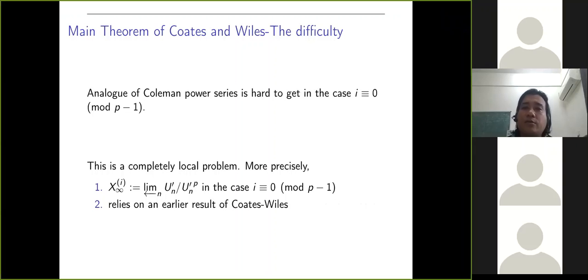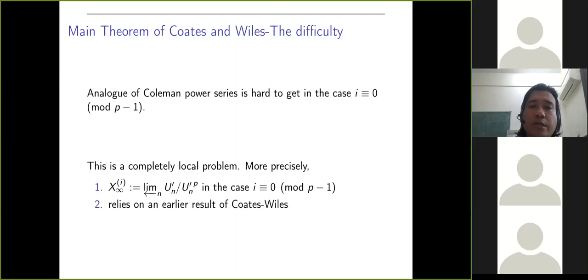This is about the existence of certain power series. In today's time, we can say that an analog of a Coleman power series is hard to get in this case, in the case i is congruent to 0 mod p minus 1.